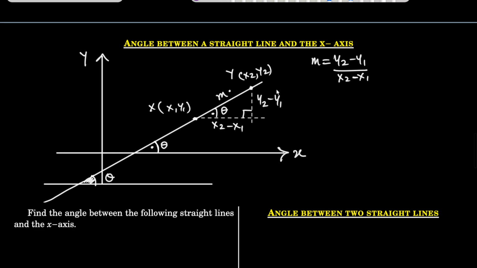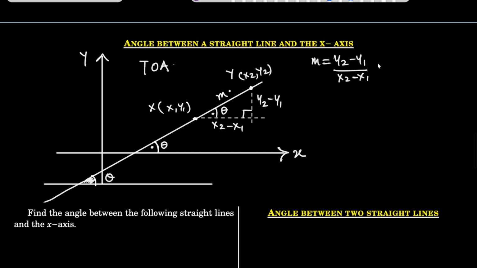Now if you look at where our y2 minus y1 is, you're going to see that it is the opposite of the right angle triangle, and your x2 minus x1 is the adjacent. So you have opposite versus adjacent. If you remember your SOHCAHTOA, this means tan.